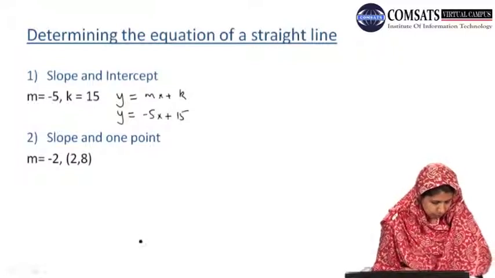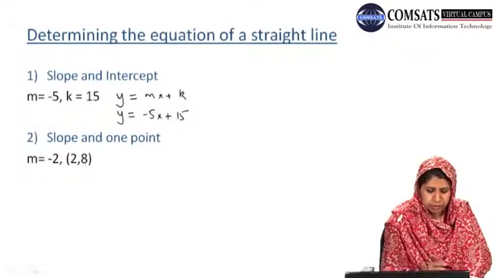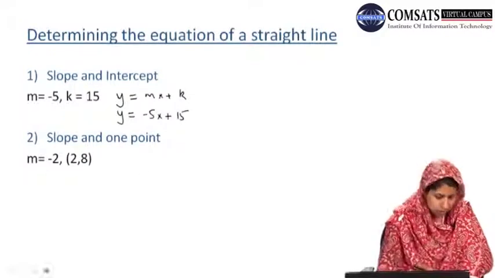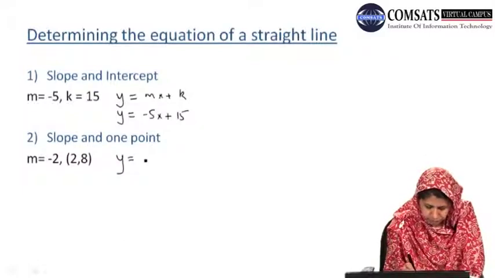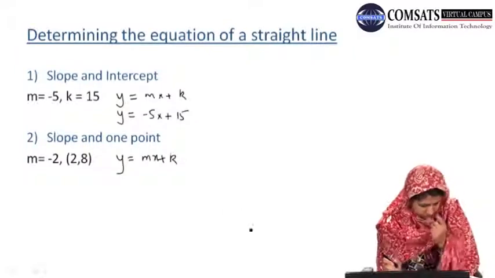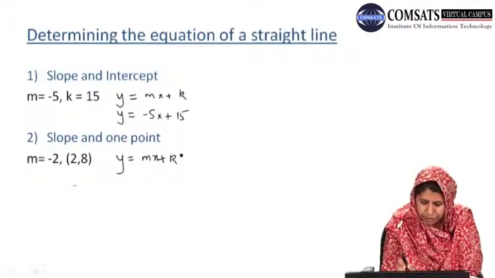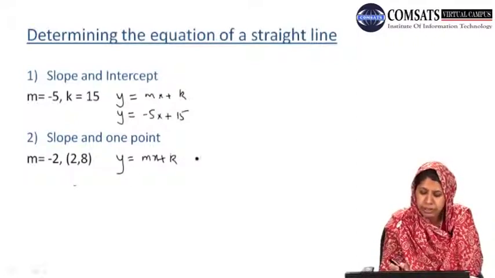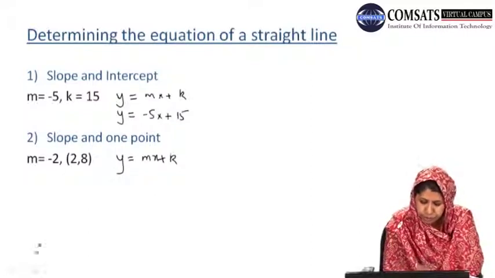Now we are given a slope m = -2 and 1 point lying on the line. Recall our equation, y = mx + k. What we will do here is first find the value of k to write the equation of a straight line having slope -2 and passing through the point (2, 8).